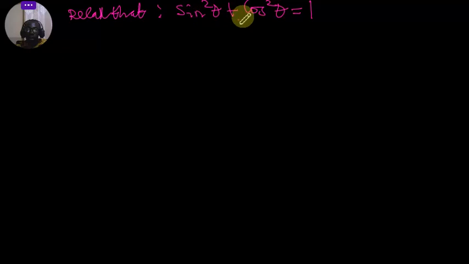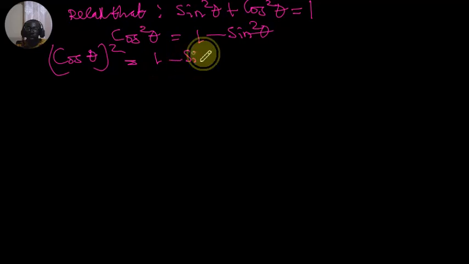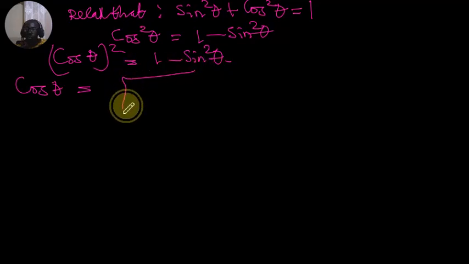But from this sketch, we can make cos theta the subject of formula from this identity. So you have cos square theta equals 1 minus sine square theta. Cos square theta means cos theta squared, which is 1 minus sine square theta. So that means cos theta will be the square root of 1 minus sine square theta.